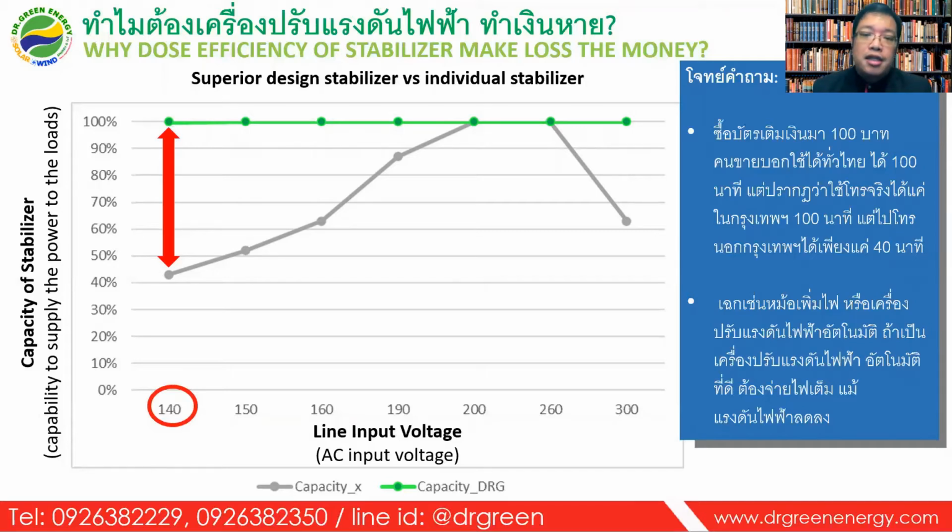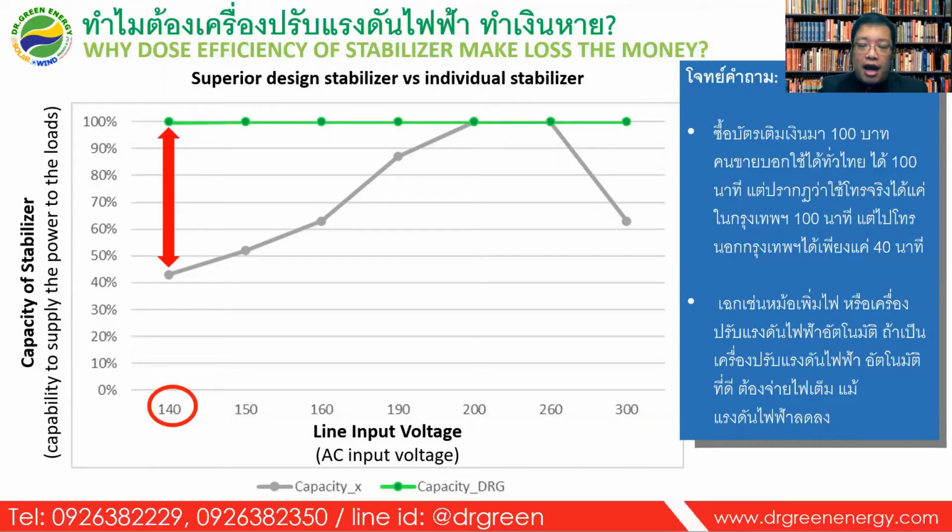So in this case, if the stabilizer specifies the output as 220 volts plus minus 1%, it should be able to provide 100% of the capacity or near to 100% of the capacity, for example like 99.97%.